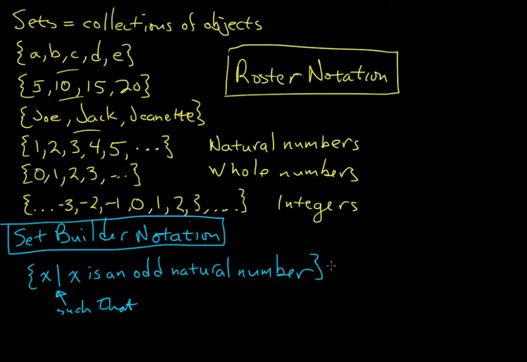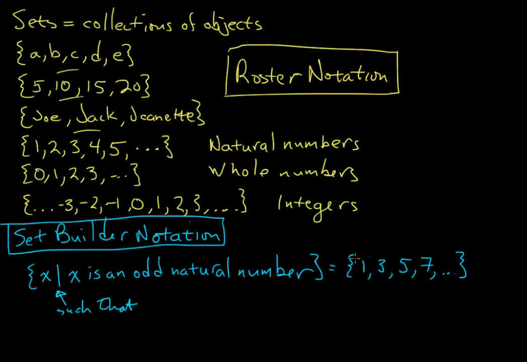Now, if we were to list this, we could just list it like this: 1, 3, 5, 7, dot, dot, dot. As soon as it's clear what the pattern is, you can write those dots.